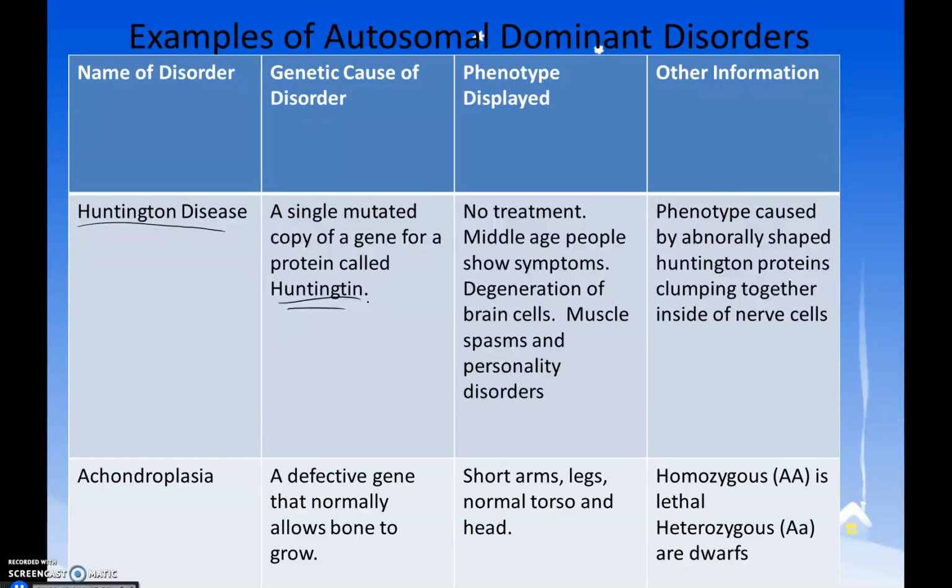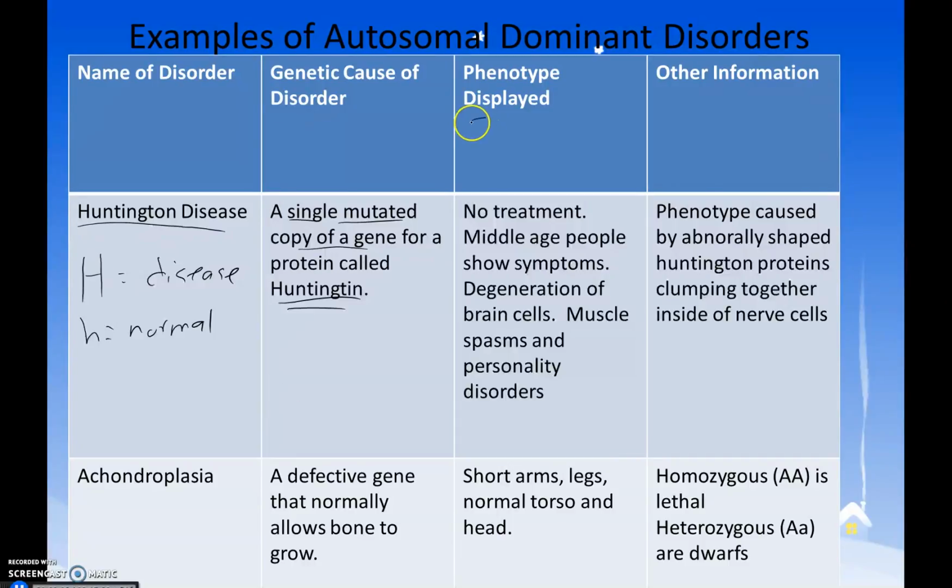So because this is an autosomal dominant disorder, we'll say capital H stands for the disease phenotype, and lowercase h stands for normal. So if someone gets a single mutated copy of this gene, so even if they're heterozygous, they get Huntington's disease.